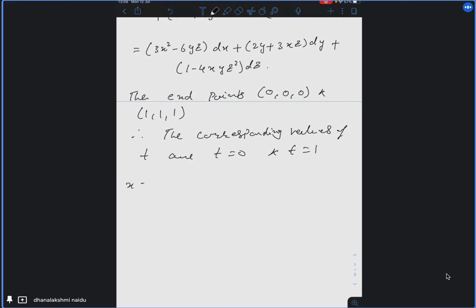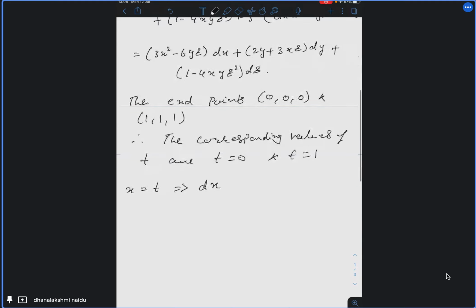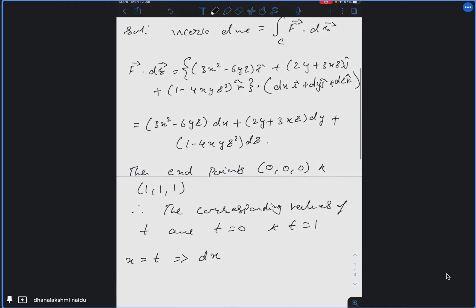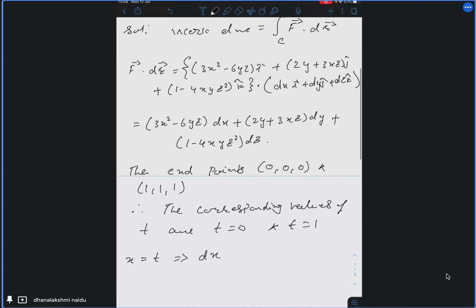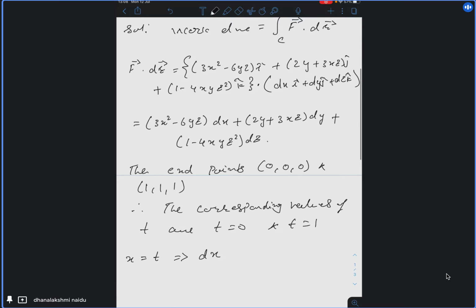Now x is equal to t, and since we will convert the overall question into the t variable, in place of x we substitute t, in place of y t square, in place of z t cube. We need to substitute dx, dy, dz also.